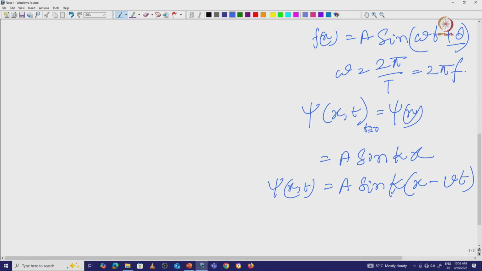So I am trying to bring the time function also here, that the x distance and the time both are playing an important role. Those formulas at this moment are not very important, but they are very basic formulas. If we want to write any wave, we can write it as either a sine curve or a cosine curve, based on which direction the wave starts going.